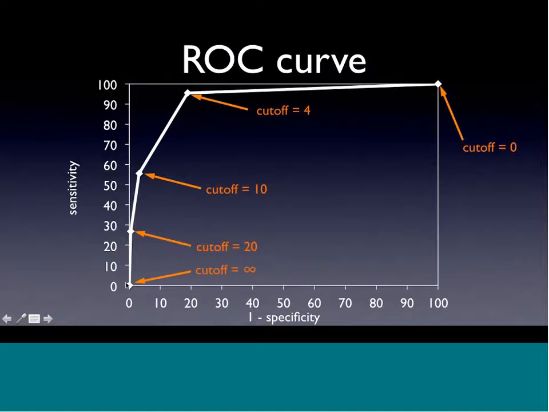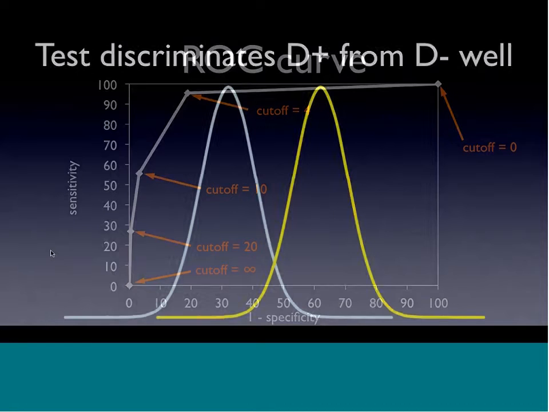Cutoff of infinite will be always here for any test, and the cutoff of 0 will be in the other corner for any test. Now, the points that will vary are the ones that we created for the PSA or for any other test. So the most abnormal to the most normal one, and we will connect the dots. So that's how you build an ROC curve. And I'm pretty sure you all were aware of that.